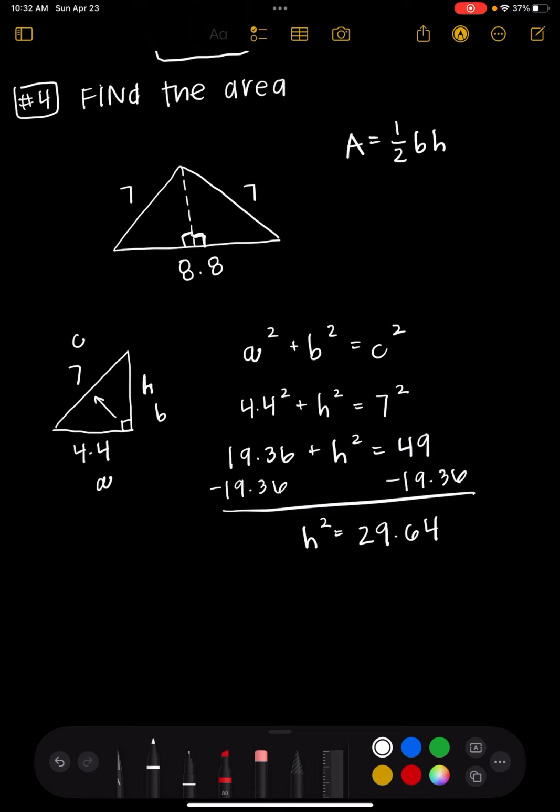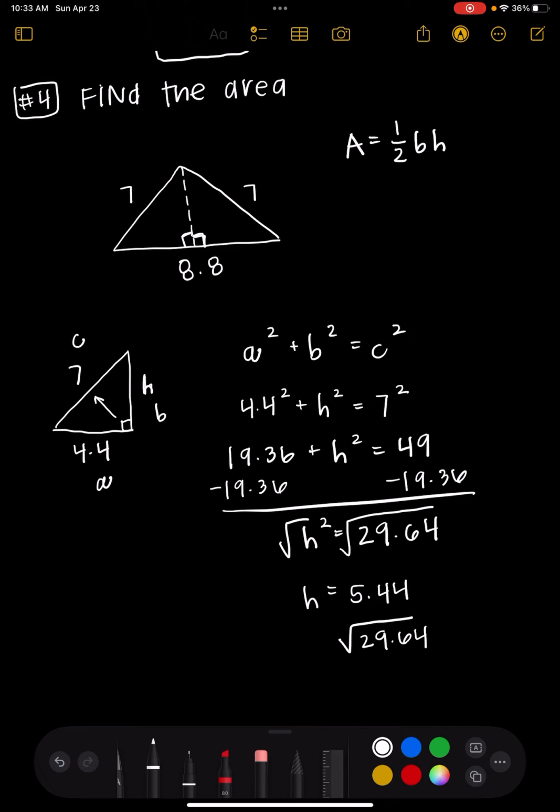And then to get rid of the squared, we would square root each side. So we end up with h is equal to, because the square root and the squared cancel each other out, I'm going to get a decimal approximation for this one. Gives me about 5.44. Or, if we didn't want a decimal approximation, it would be left as the square root of 29.64. Okay, so that's our height of the triangle.